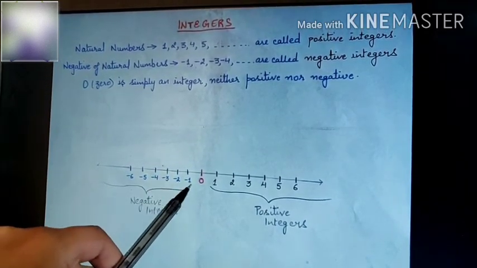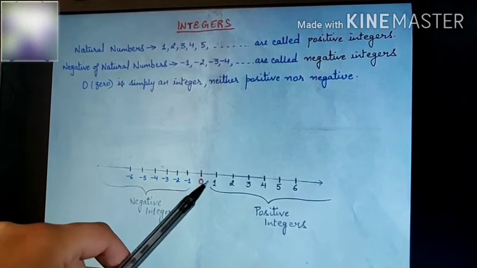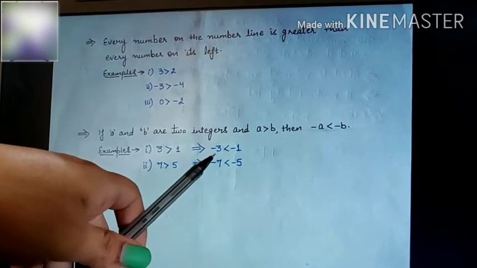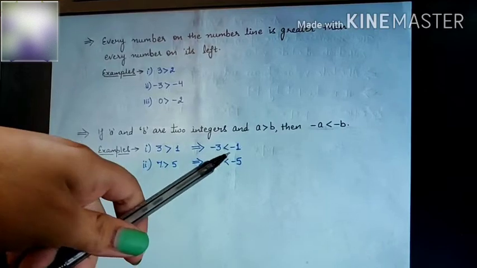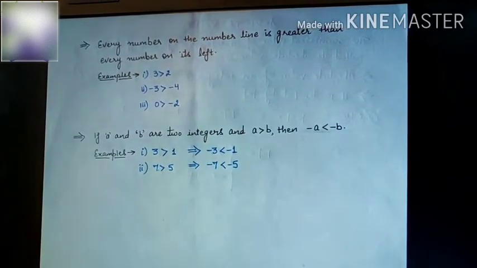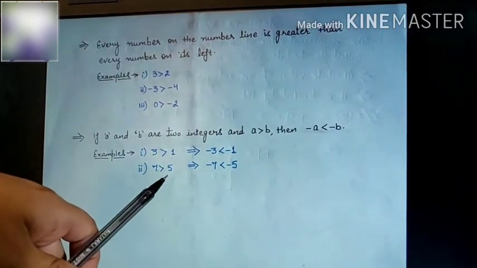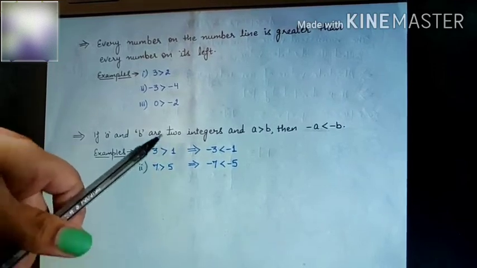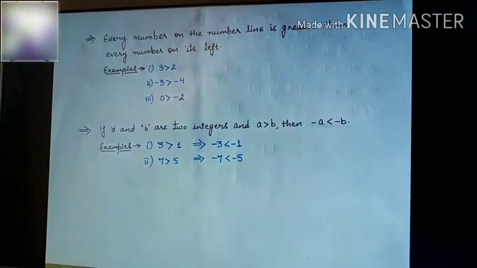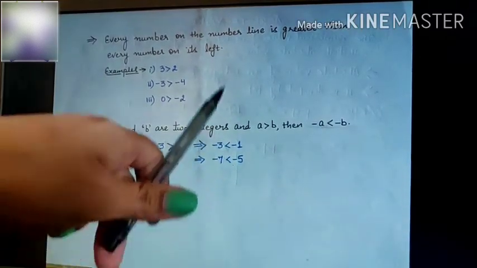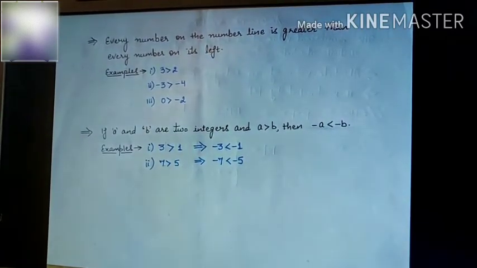So -1 is greater than -3. So the sign will be just opposite. Similarly, 7 is greater than 5. When both numbers are turned to negative, -7 and -5, then -5 will be greater because -5 lies on the right side in the number line.